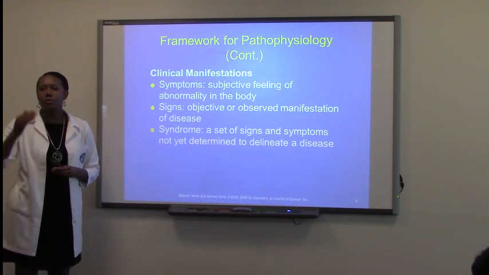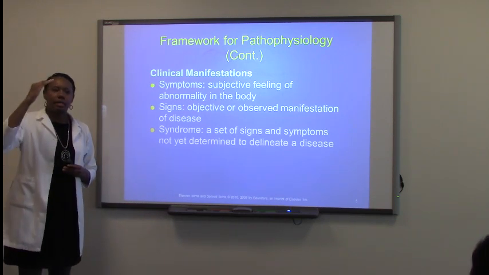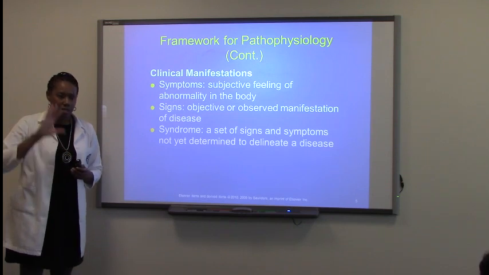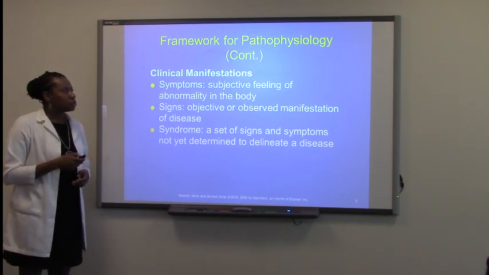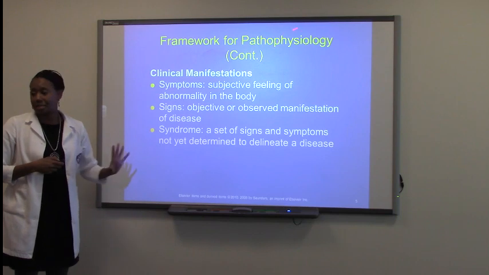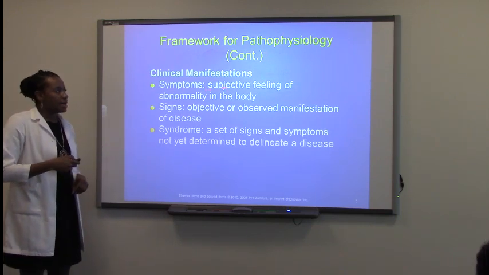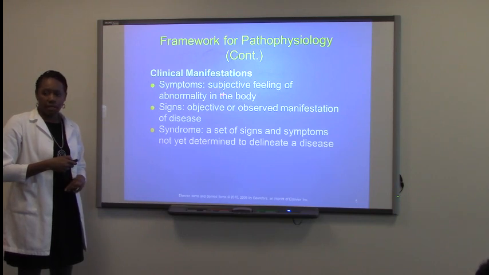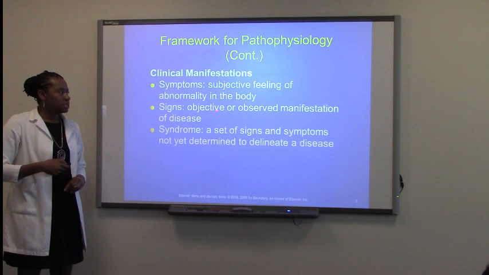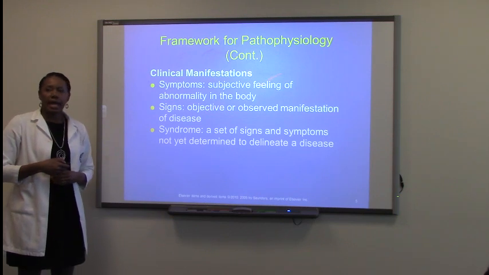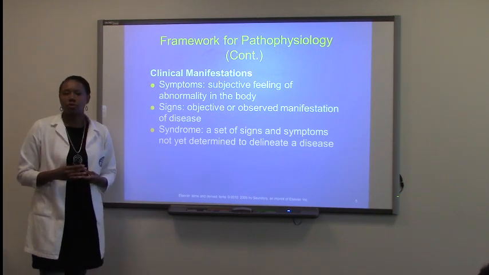The SOAP letters each stand for something separate. I apologize that I don't have a board in here, and I will have one the next time. The S stands for the subjective finding, the O stands for the objective finding, and the A stands for assessment.